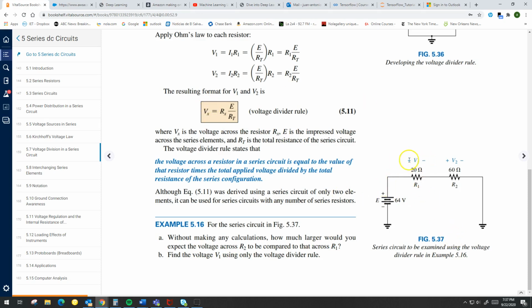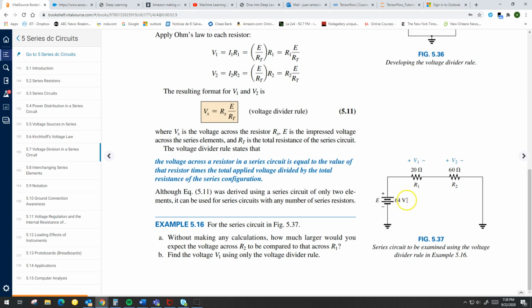This voltage V1, and this is one way you can read that technique, is that the V1 is going to be equal to the resistance adjacent or next to the voltage you're looking for. The resistance next to the one you're looking for is 20. So it's going to be equal to 20 divided by the sum of the resistors, R1 plus R2, times the voltage that splits.